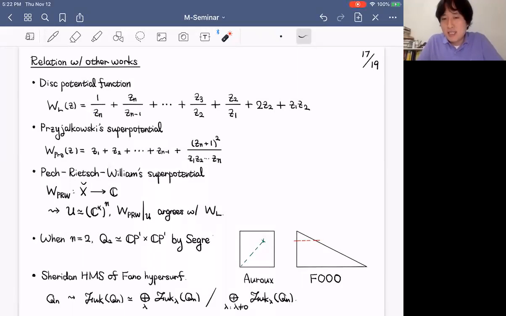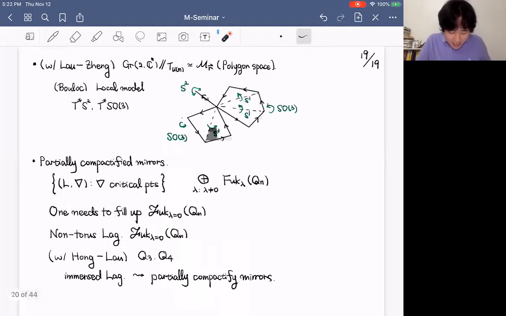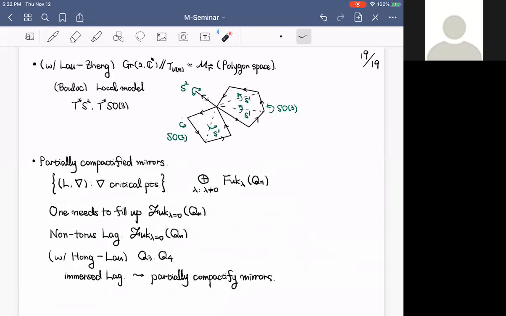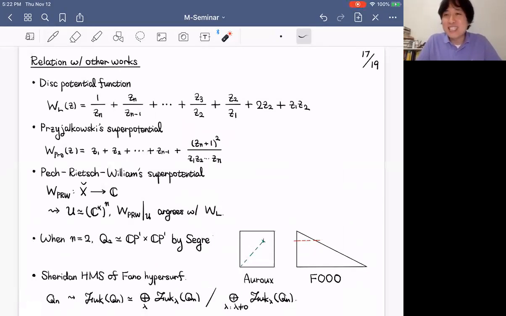Do you know what that is or have a guess? For Q3 and Q4, I know how to do that, but beyond Q5, we'll talk about that. Okay. And of course, Sheridan's immersed Lagrangian, or Sheridan and Smith's Lagrangian, actually corresponds to the eigenvalue 0 summand. Oh, okay.